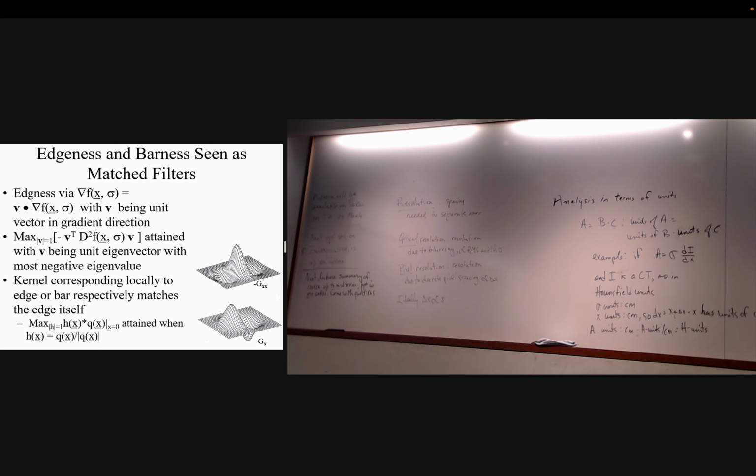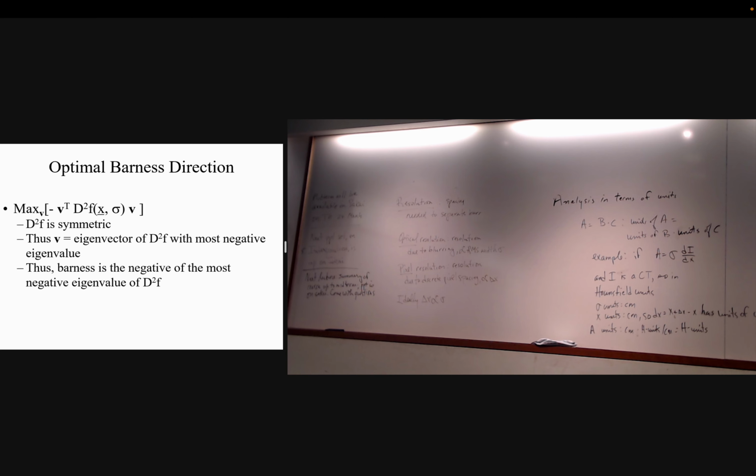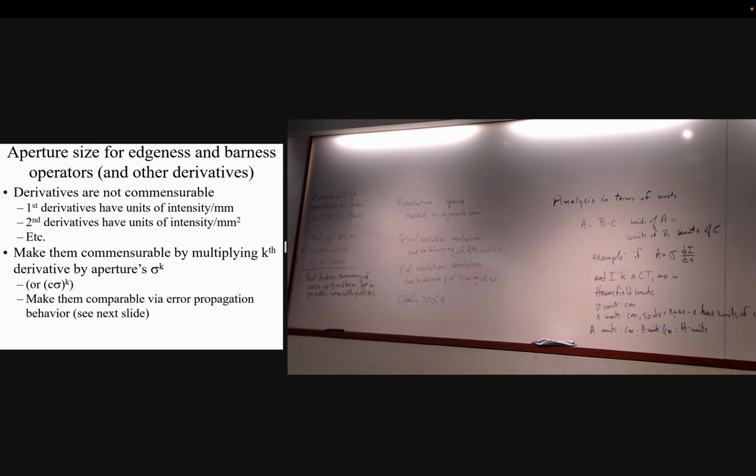And so we end up with an optimal barness, where the direction is an eigenvector of the second derivative tensor.